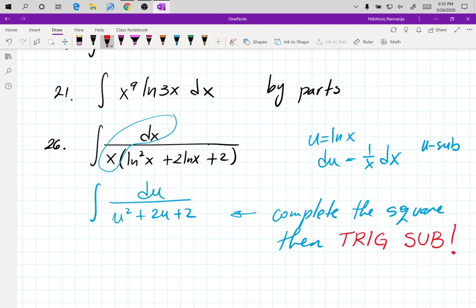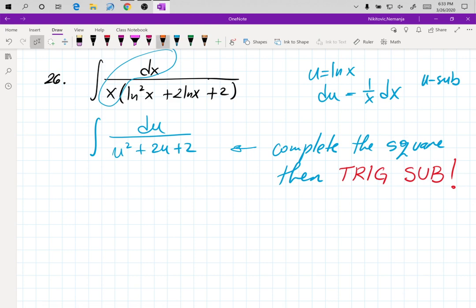So you start with the u sub. That gives you the problem in blue. Then you complete the square to do the trig sub. Once you do the completing the square, you will be in the form to do the trigonometric substitution.